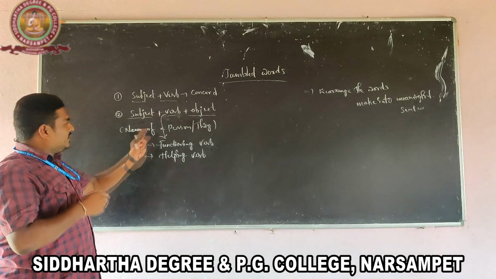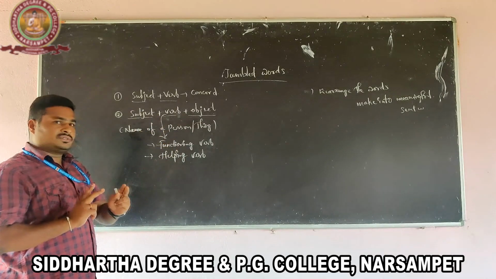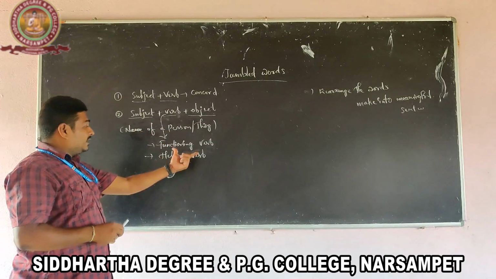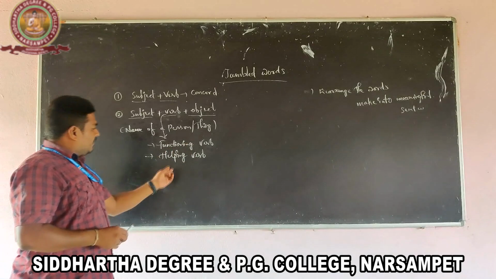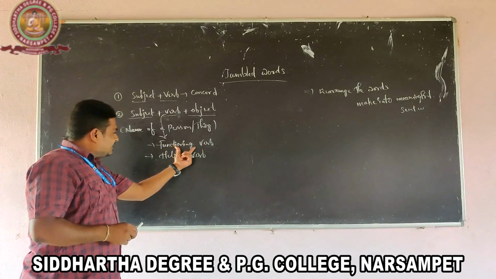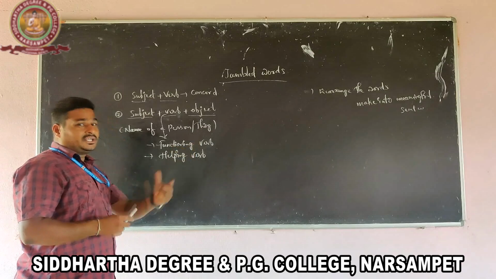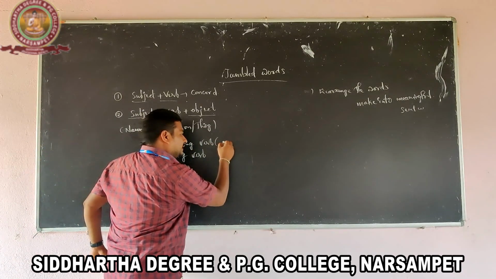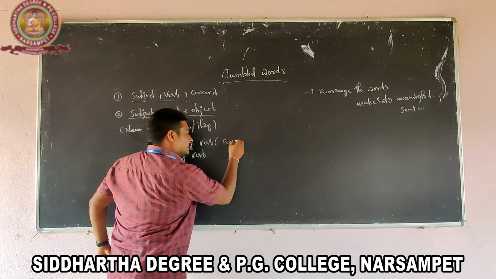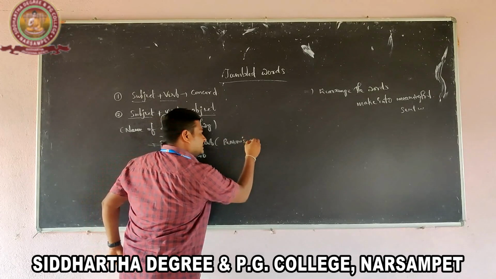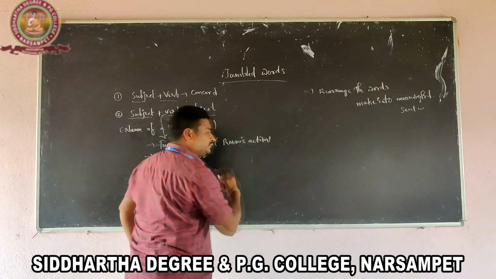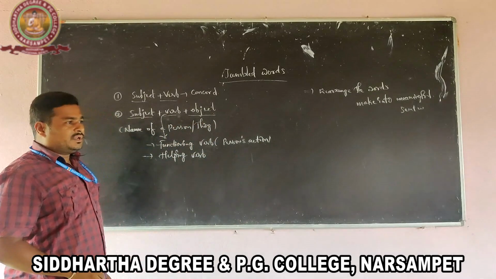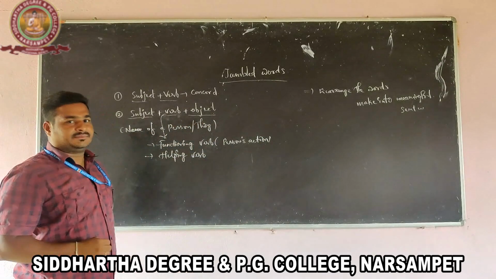Generally, when you read the structure, most students think verb means helping verb. But after the helping verb, there is a functioning verb. Functioning verb refers to the person's action. Clear? For example, I am playing cricket.